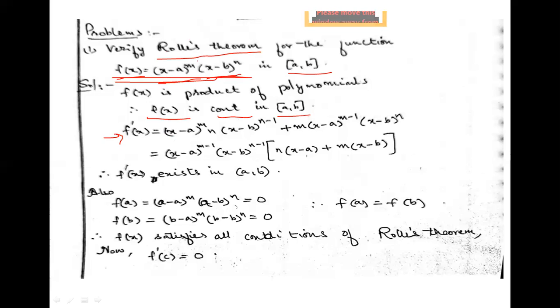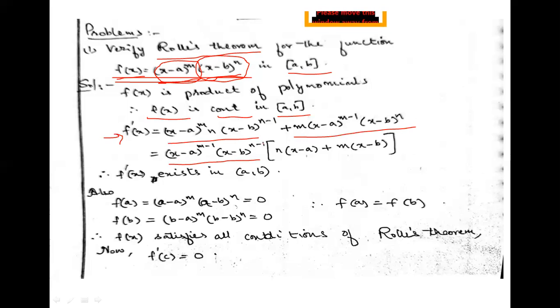The differentiation of f of x. This is in the form of uv, right? So u v dash plus v u dash. By applying differentiation, we are differentiating the equation. Then we are taking common (x minus a) whole power m minus 1 and (x minus b) power n minus 1.